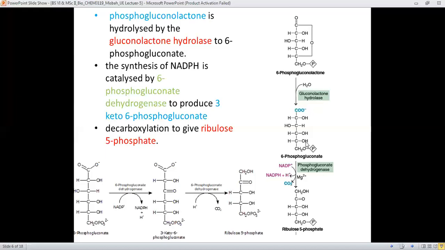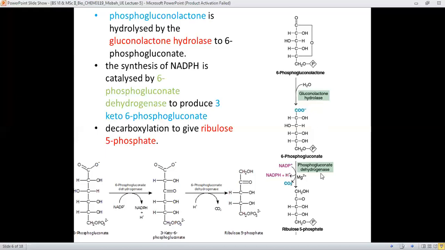Therefore, this position will change to a hydroxyl functionality. Therefore, 6-phosphogluconolactone, by the effect of the hydrolase enzyme, is changed into 6-phosphogluconate. Now it's no more a cyclic lactone, a cyclic esteric structure.